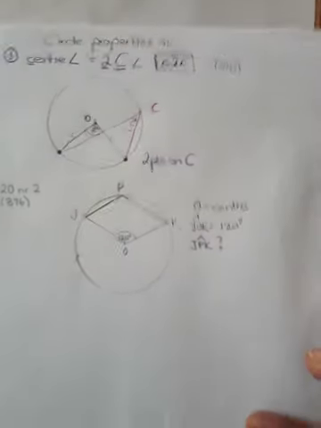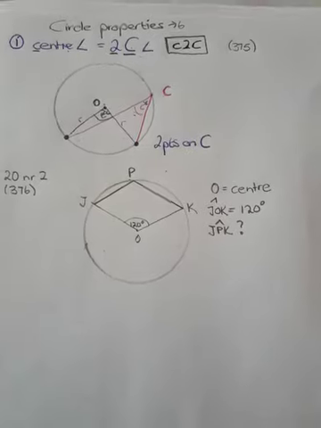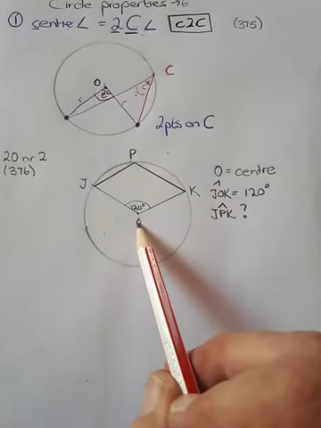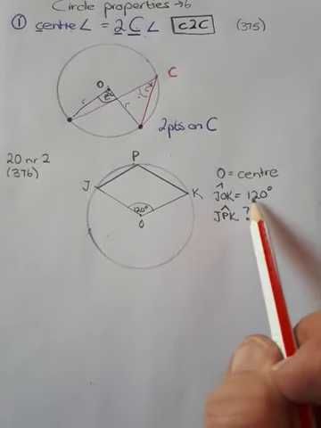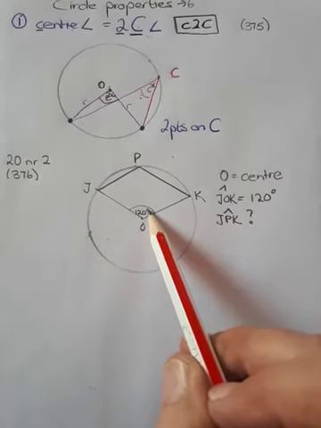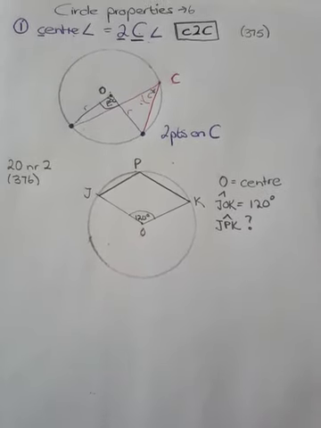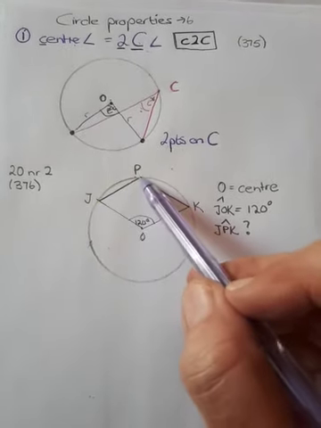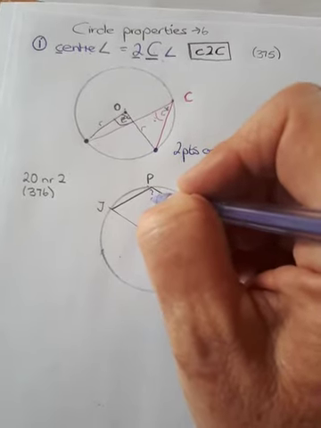Right, let's look at an example. The following drawing is given. They tell you that O is the center, so we've got O. Then they tell you that angle JOK equals 120 degrees, and they ask you to calculate angle JPK. So this one is being asked.